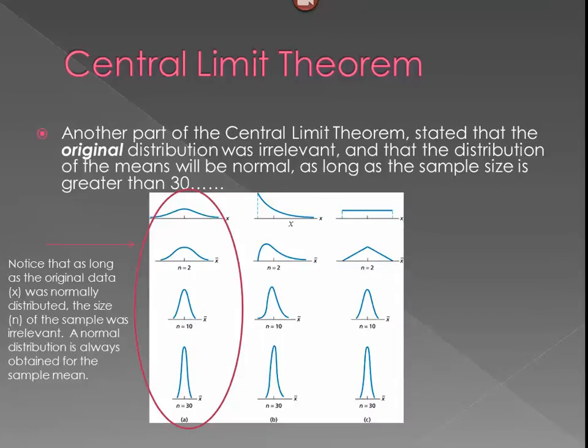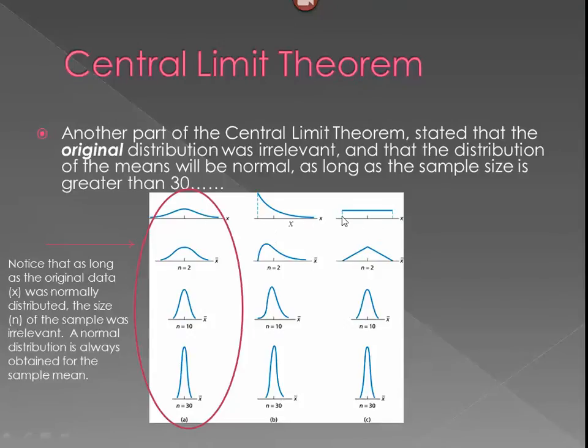Another part of the central limit theorem stated that the original distribution was irrelevant and that the distribution of the means will be normal, meaning it'll follow an approximate normal distribution as long as the sample sizes are greater than 30. So I want you to look here. We've discussed different types of ways that populations might distribute themselves.